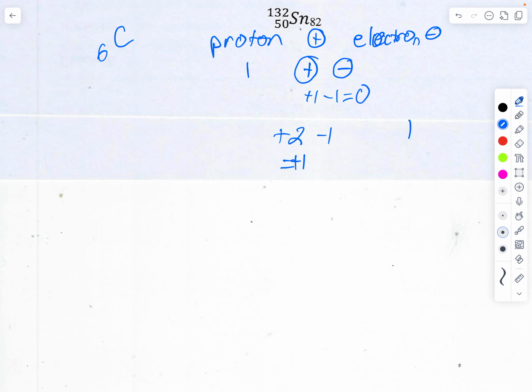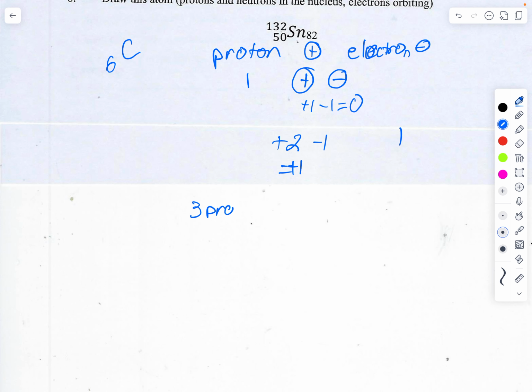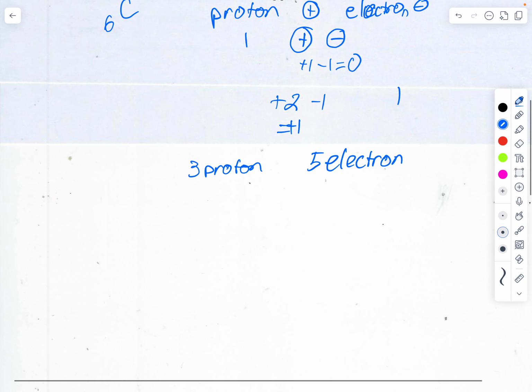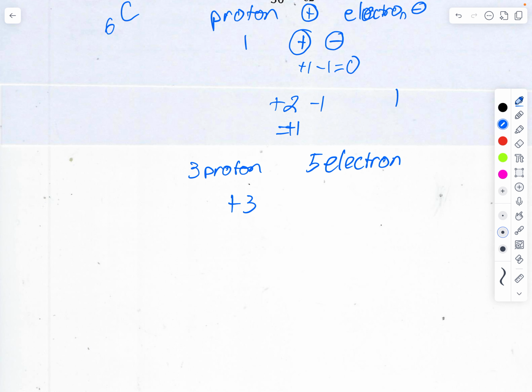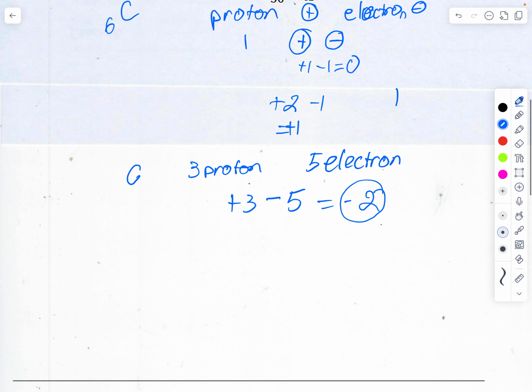So let's say we have 3 protons and 5 electrons. So it's positive 3 and electron is negative charge, remember? So negative 5 will give us negative 2 charge. Our element will have a negative 2 charge. Let's say carbon with 3 protons, 5 electrons.